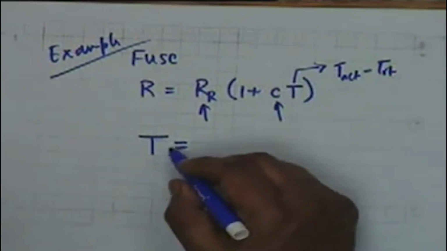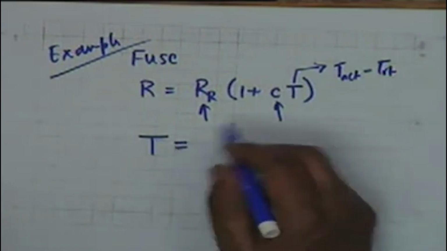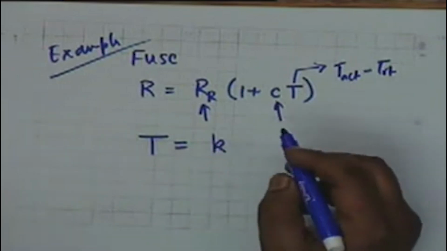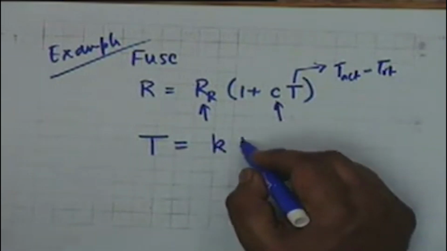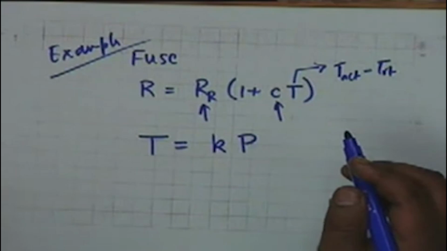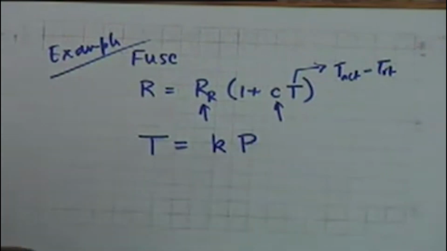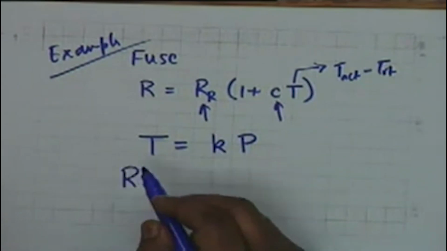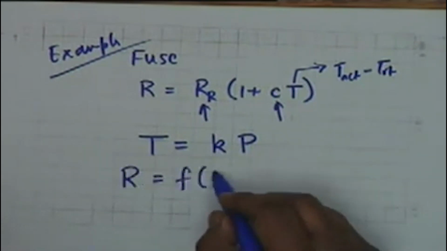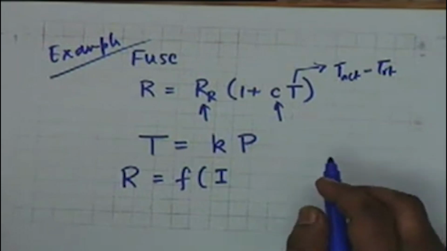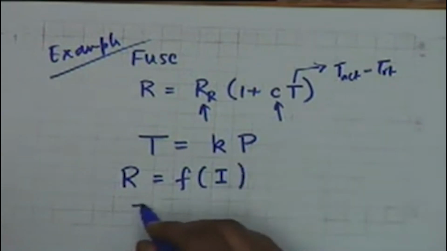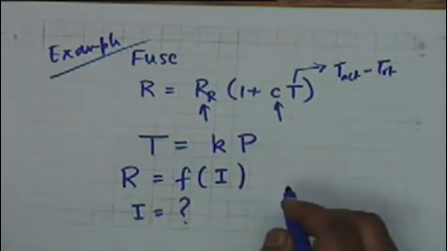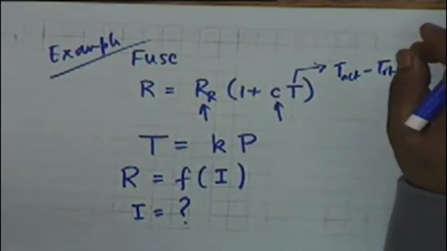That is, T equals some constant K times P. What is wanted is to determine an expression for R in terms of the current I, and evaluate the current I such that the fuse blows off.